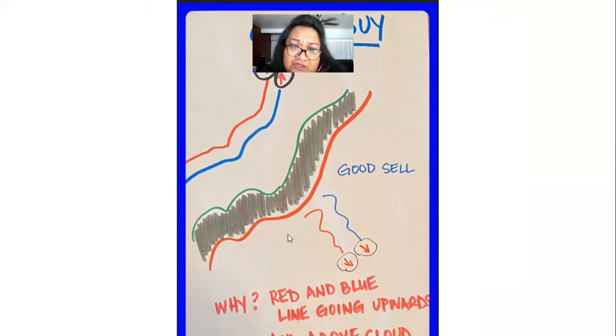So it's good to watch the positions of your red line and your blue line. When you see those lines pointed straight up, what are you going to get? Green. Straight down? Red. Does the position of the cloud matter? No, it doesn't. It could be green above red or red above green. If you can remember that, you'll be all right.